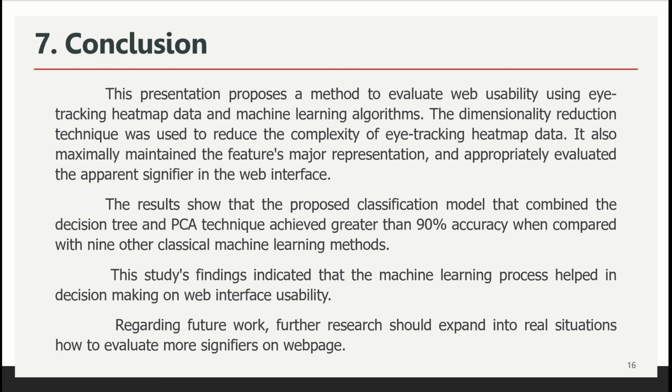It also maximally maintains the feature representation and appropriately evaluates the apparent signifier in the web interface. The results show that the proposed classification model that combines decision tree and PCA technique achieves greater than 90% accuracy when compared with 9 other classical machine learning methods.